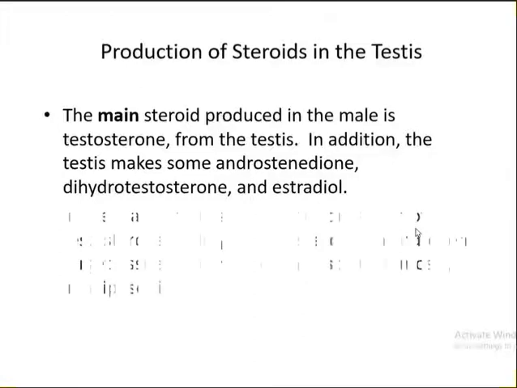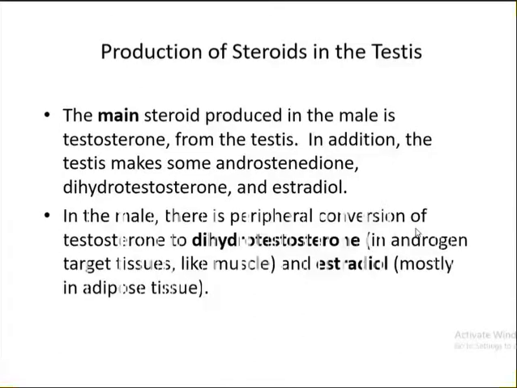In the male, there is a peripheral conversion of testosterone to dihydrotestosterone in androgen target tissue like muscle, and to estradiol, mostly in adipose tissue. Remember these things. Peripheral conversion of testosterone to dihydrotestosterone can happen.